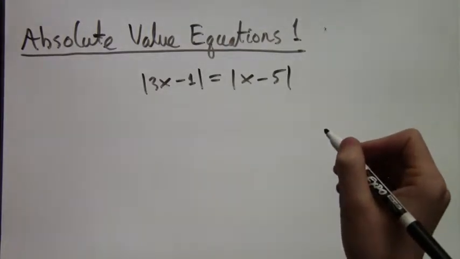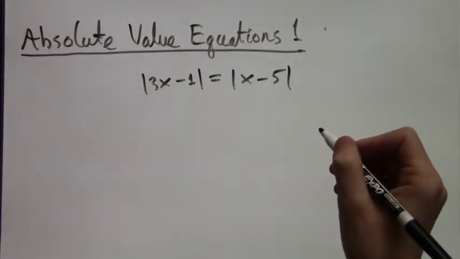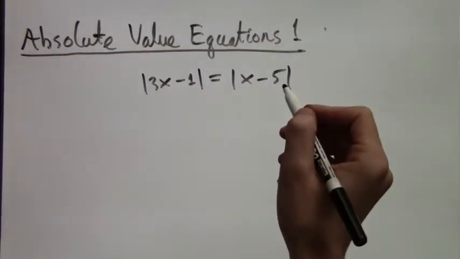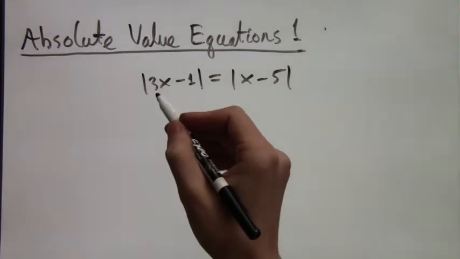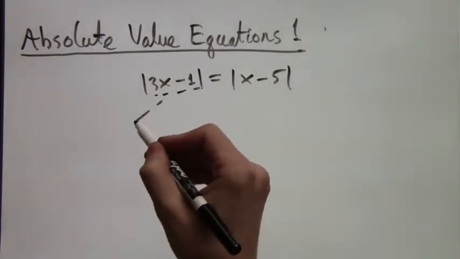Alright, so in this case, we have two sets of absolute value bars. Each of them has an x inside of it. So what do we do here?